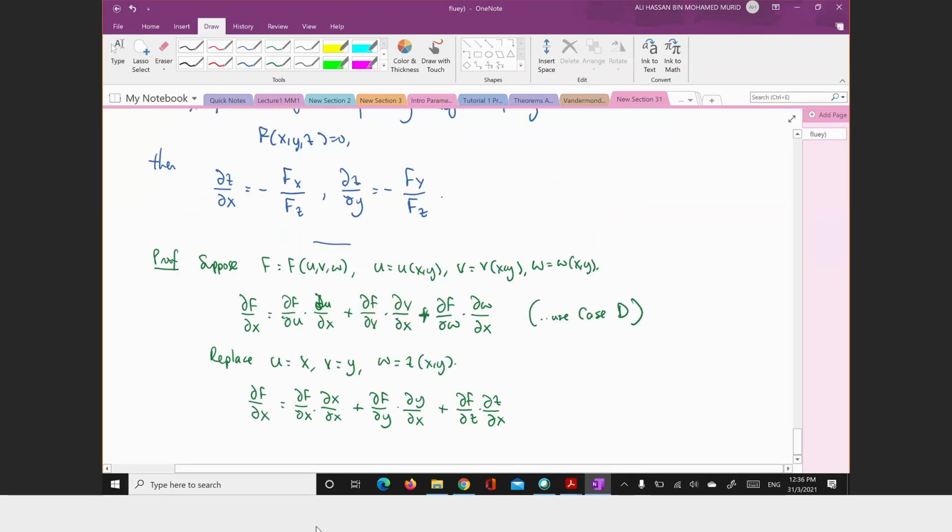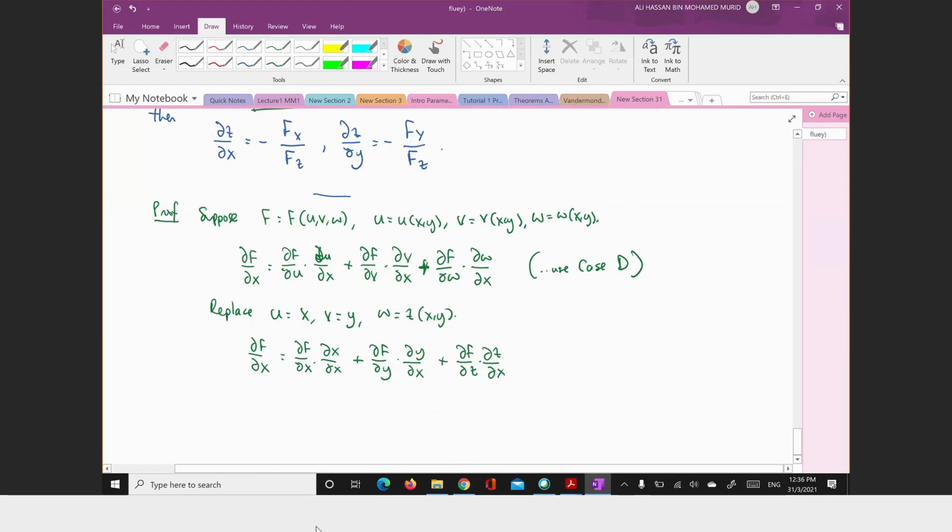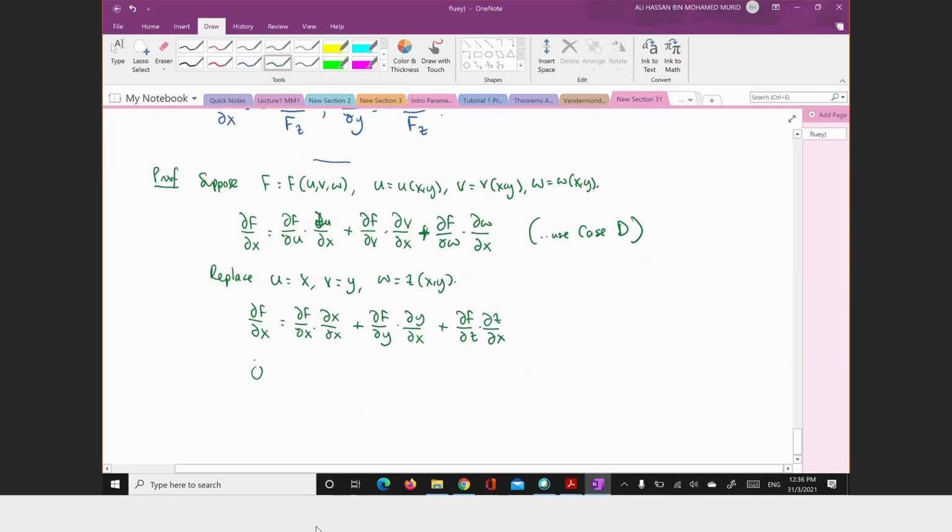Now, by hypothesis, f(x, y, z) equal to 0. This is the hypothesis, the condition. So that means the left-hand side is 0. And this is equal to 1, so we have f partial x there. And y partial x is 0, because y is a variable, x is also a variable.